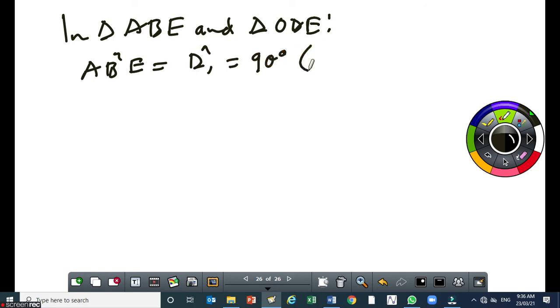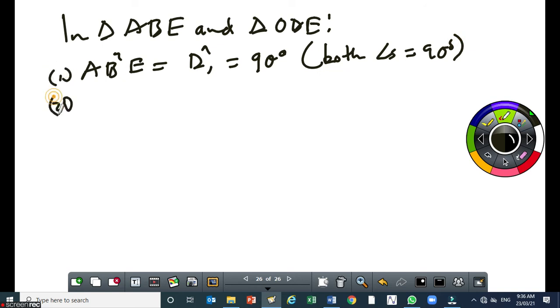And the reason that I have to give here, they are going to be equal to 90 degrees. What could be the reason? Okay. I'll say both angles equal to 90, because I have proved that. So this is number one.